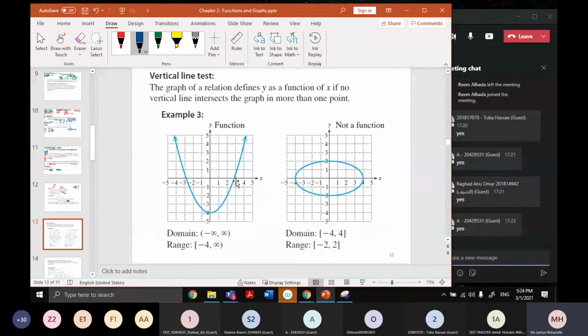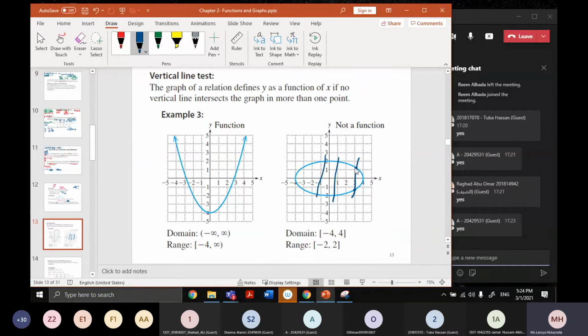There is what we call the vertical line test. What is that? Take any vertical line like this, okay? Vertical lines and pass it. If anywhere in the graph it meets your graph in 2 different points, so it is not a graph of a function. It is not a function.